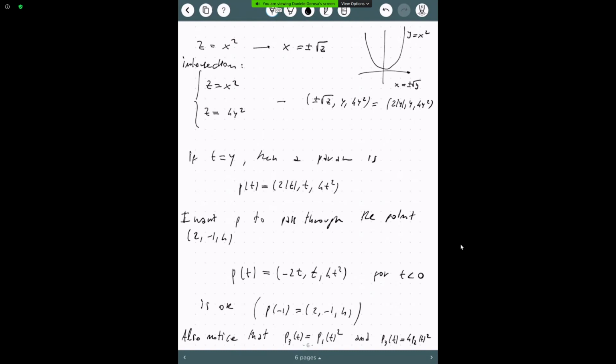So one branch is x equal to plus the square root of y, and the other branch is minus the square root. So when you take the square root, you identify two branches, and we're doing essentially the same. I think that's what this text says: the two cylinders intersect in two curves. So what it means is that we have two branches. I selected one, the correct one. So that's what happens here.